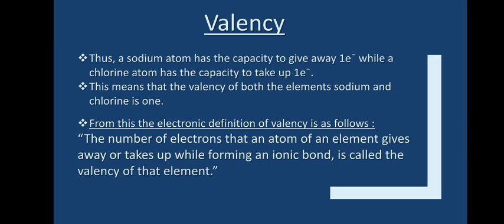Now if you have to calculate the valency, how will you go about it? In the outermost shell, if the number of electrons is 1, 2, 3, or 4, that is its valency. But if the number of electrons increases, like it has 5, 6, or 7 electrons, then it will be 8 minus that number.